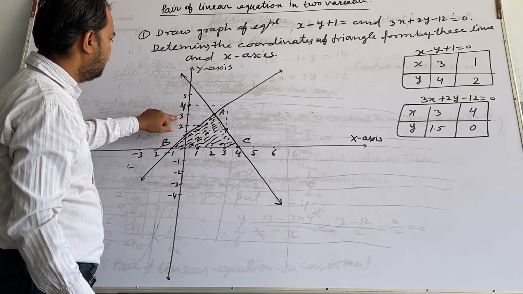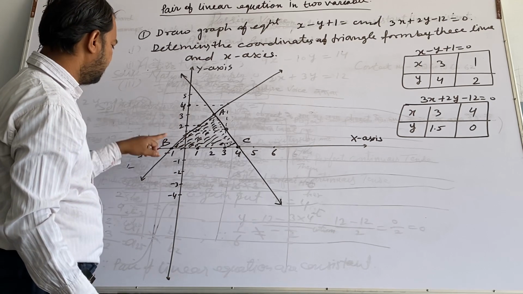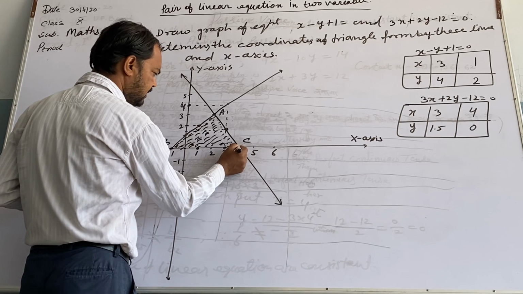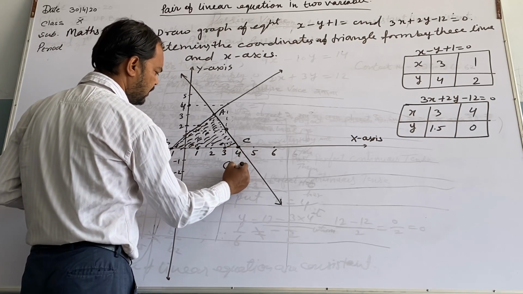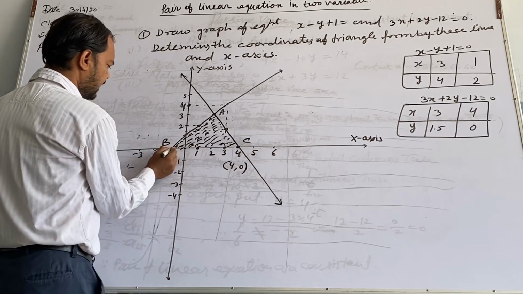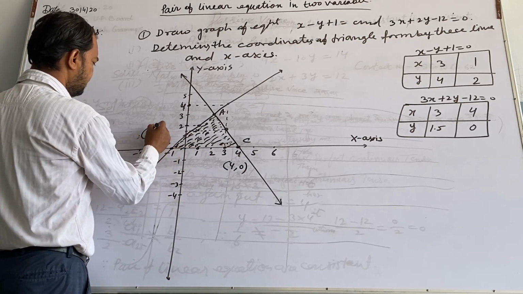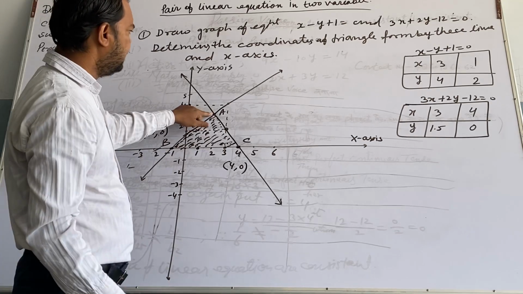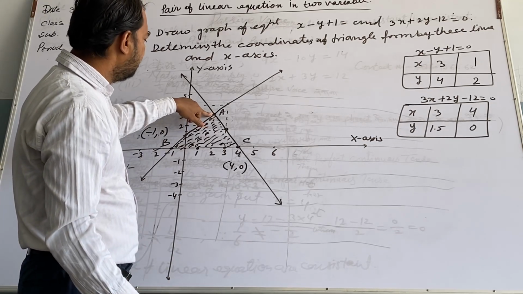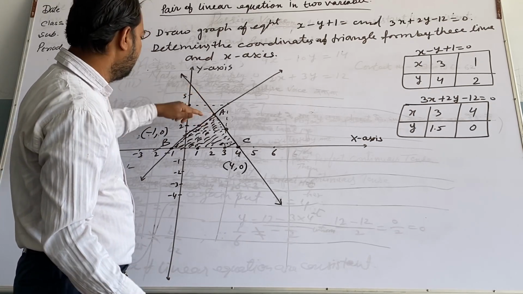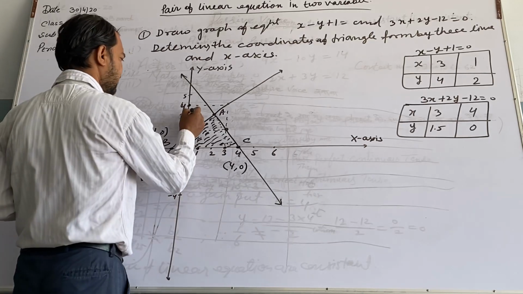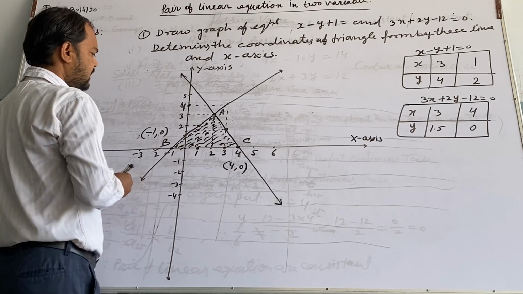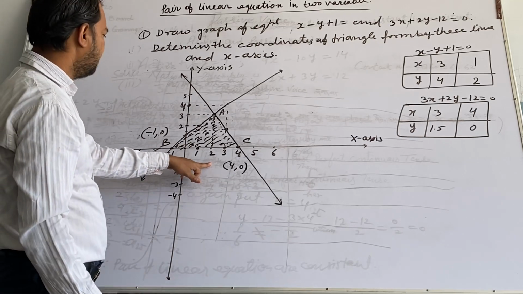Right? So to find the coordinates of the vertices, see here, these are clear. At point C, x is 4, y is 0. At point B, x is -1, y is 0. But at point A, as we have seen here, this is 3 and this comes to 2. x is 2, y is 3.